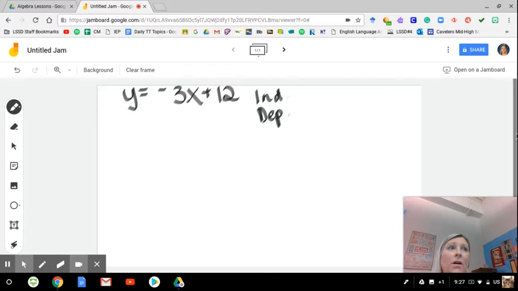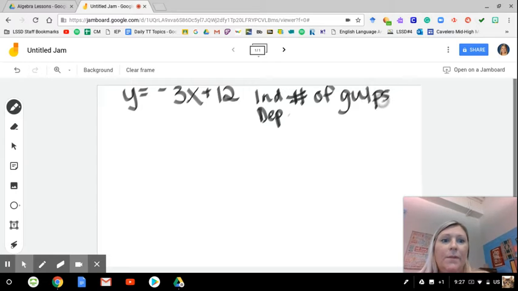Well, independent are our x's. So let's look in our story. It'll tell us. It says juice remaining in a bottle after you take x gulps. So we're going to say x, or independent variable, is number of gulps.